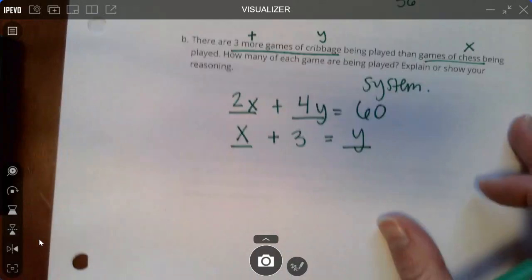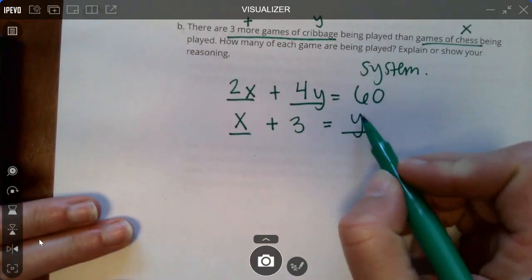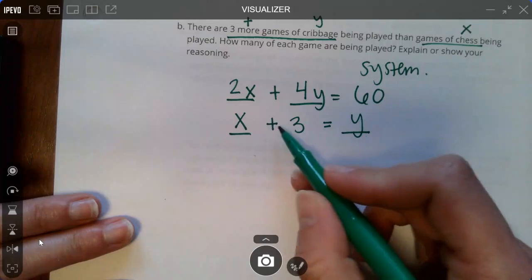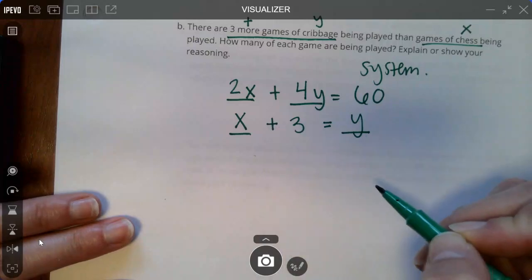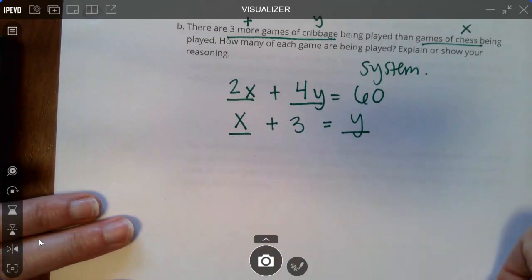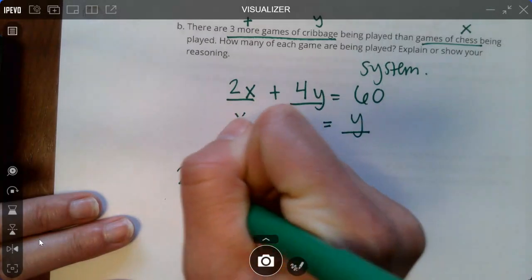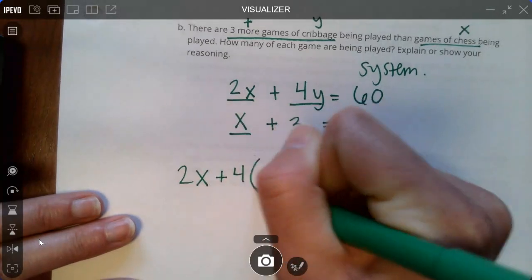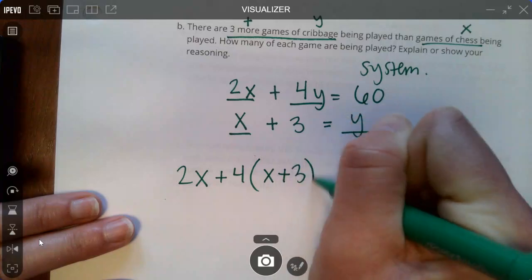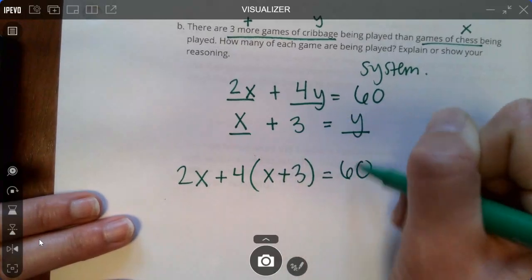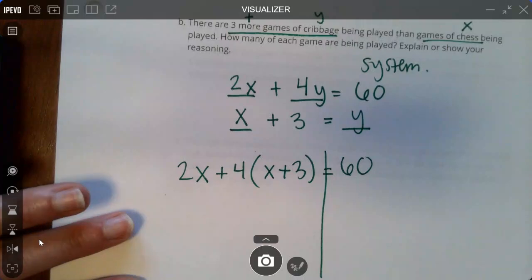Now you need to figure out how to solve. This is just like on the other problem. You know what y is, so anywhere you see y, you can plug in this whole expression. So I'm going to rewrite: 2x plus 4 times x plus 3 equals 60. Now I'm going to solve.